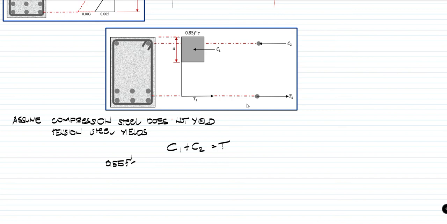That is F prime C A B, plus we have C2 from the compression reinforcement, which is A prime S, and we assume that the steel does not yield.